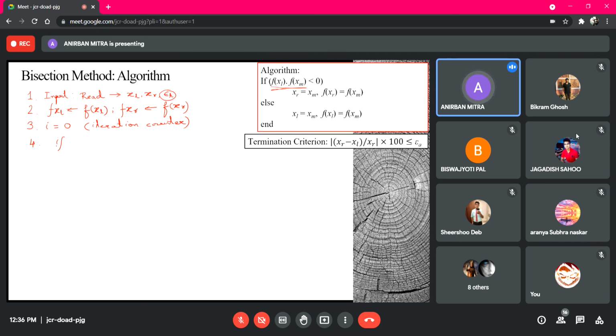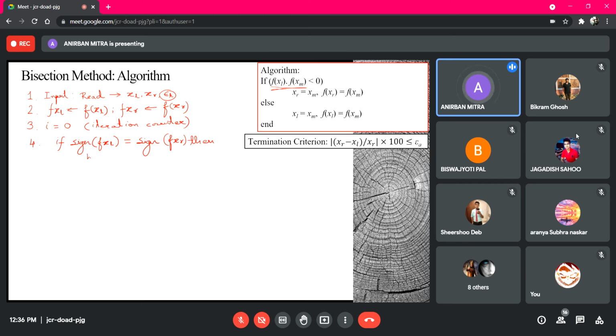Next, you check this: if sign of fxl is equal to sign of fxr. Then what needs to happen? These two signs are the same. That is not an appropriate interval, is it?